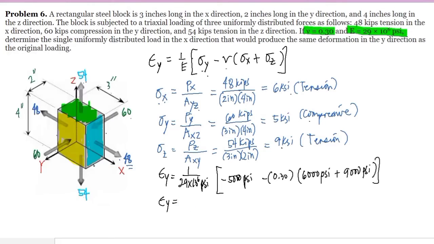So this is equal to negative 3.276 times 10 to the negative 4. Since strain is unitless, because PSI over PSI, that would cancel out.